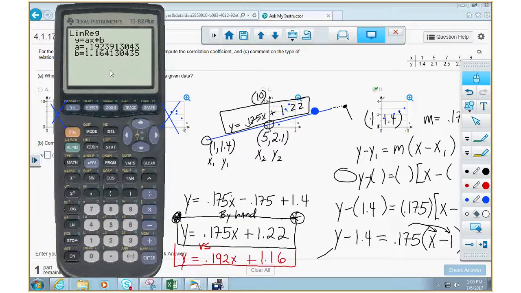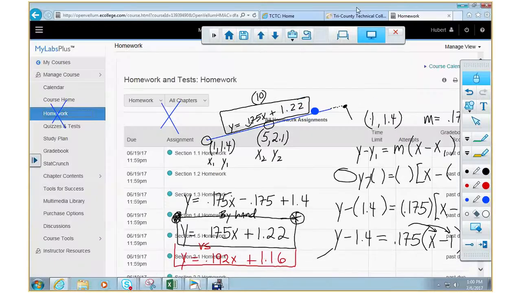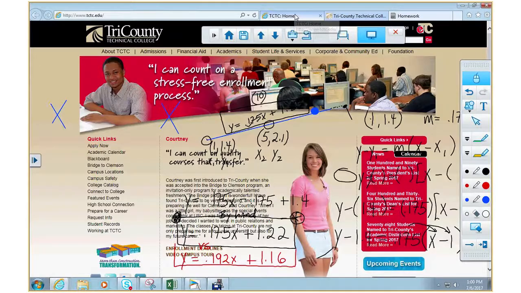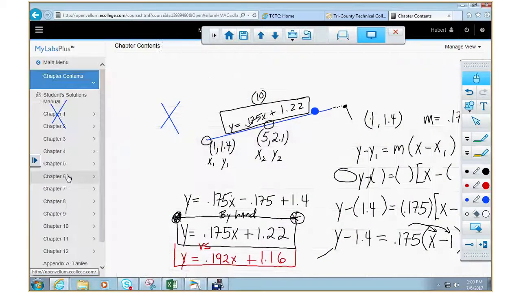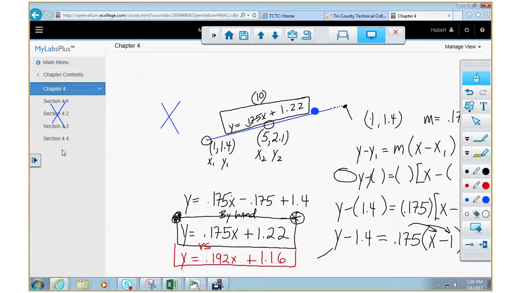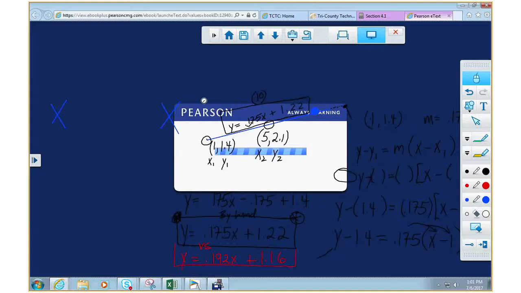Okay, let me look it up right quick. Let me look in the book right quick and see if I can find it for you. No, it has it. Just hold on a second. Let's see, what chapter is this, 4? And this is 4.1. There should be somewhere in here about a correlation coefficient on the calculator. I know the calculator does it. I just haven't done it in a while.